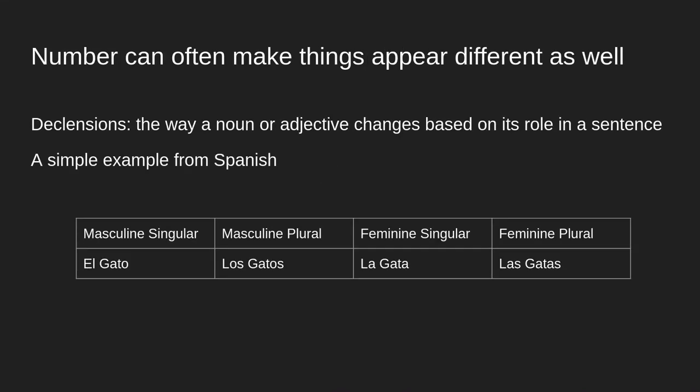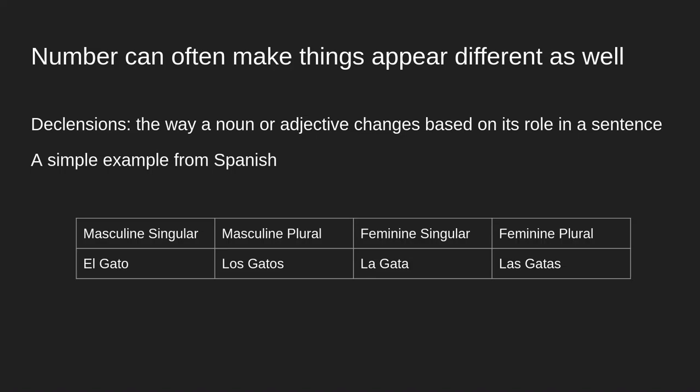Number can often make things appear different as well. So if we look at our articles in Spanish, right, we have 4 definite articles, if you will. So we have el gato, the cat, los gatos, the cats, la gata, the girl cat, and las gatas, the girl cats. Okay?